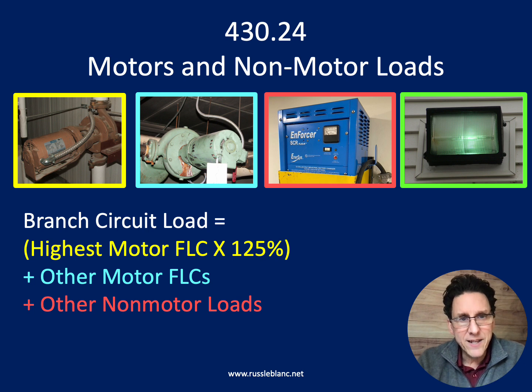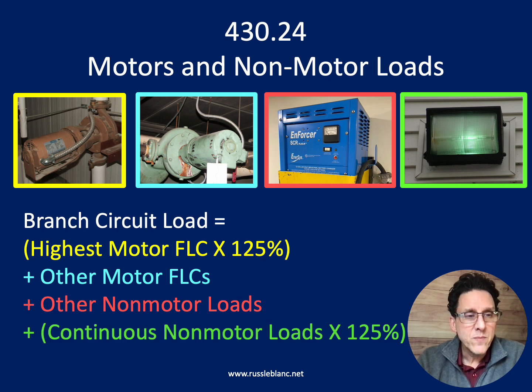Highlighted in red we have an industrial battery charger, just as an example of another non-motor load. And then the last thing is we take the continuous loads at 125%. You see that light fixture highlighted in green, that could be an example of a continuous load. We would take that at 125%. We add all those things together, and that's our calculated load for that particular branch circuit.